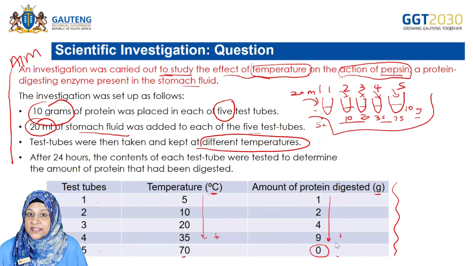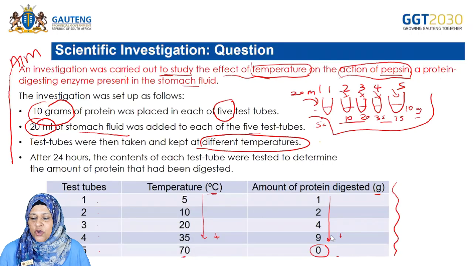What happened to the enzyme? The enzyme probably became denatured, okay? But we are now talking about the investigation and not the actual process of pepsin. This is just to show you the process of the scientific investigation. But anyway, let's move on.